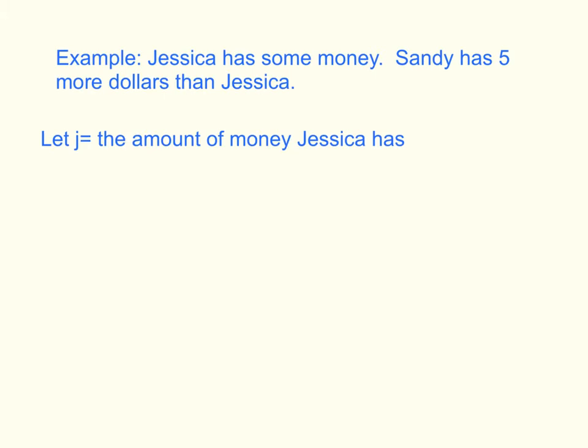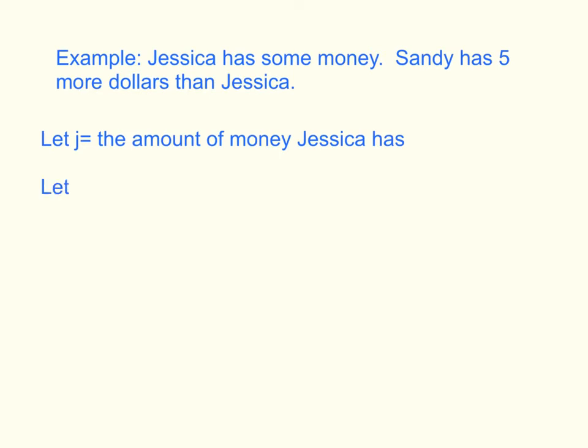equal the amount of money Jessica has. Not only do we need to pick a variable, you need to describe what it's representing, because otherwise we have no idea. Then since we know that J is going to represent Jessica, we can write an expression for Sandy.